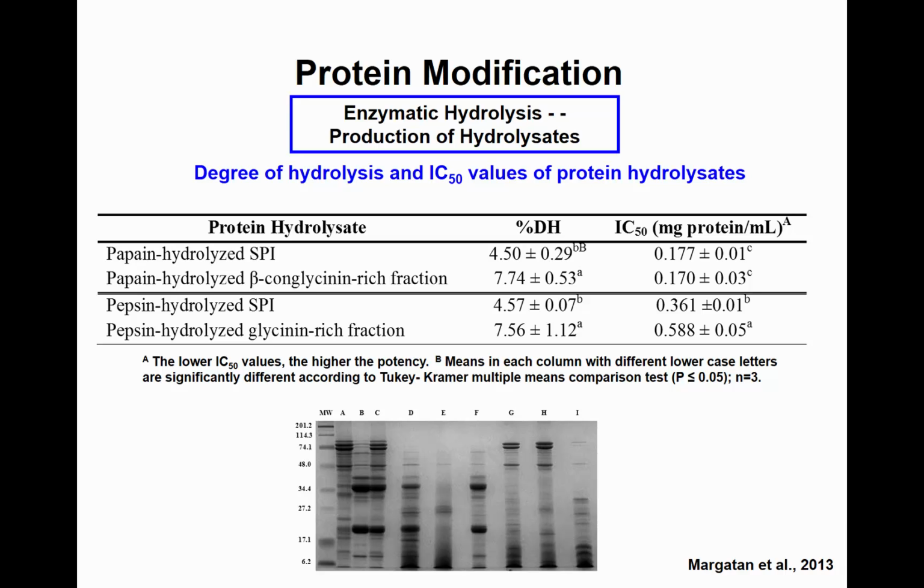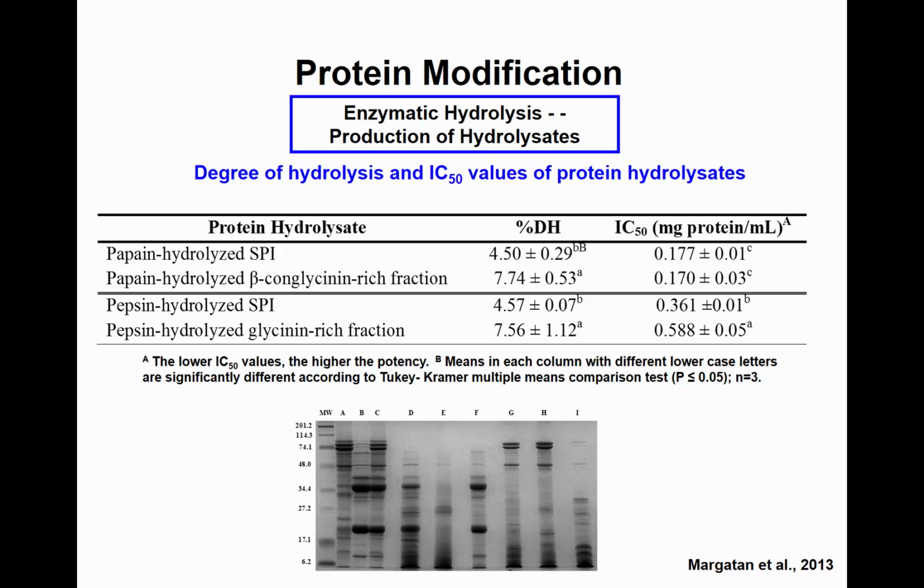So can we eliminate fractionation of beta-conglycinin to generate potent peptides? We know from previous work that papain is specific to hydrolyze beta-conglycinin and pepsin will hydrolyze glycinin. So we wanted to prove whether we fractionate or we leave the SPI as is, as a complete fraction, we'll get the same output.